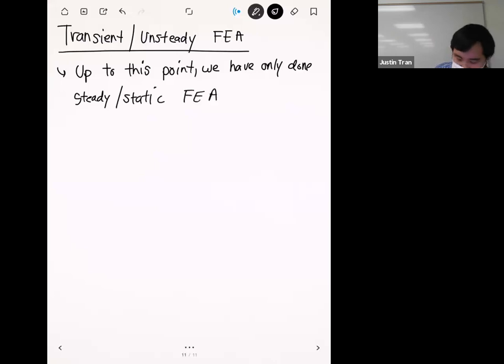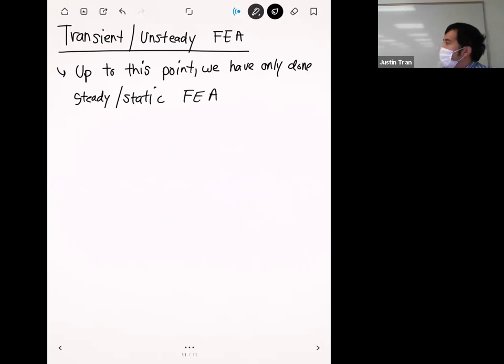Whenever you start up ANSYS, the only analysis tool that we've been using is static structural, right? But ANSYS is a much more diverse program than just handling static situations. This will be our first foray into some of the other tools that are available in ANSYS.